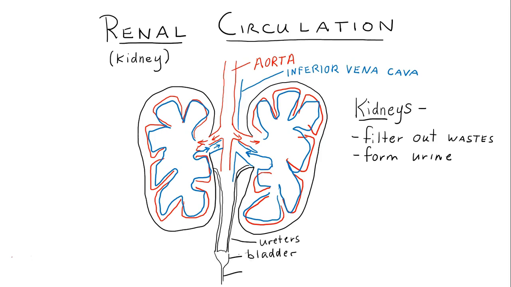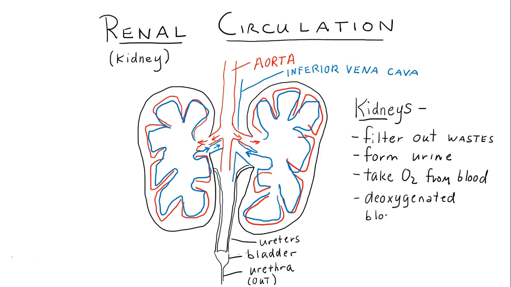The ureters carry the urine to the bladder where the urine is stored, and then the urine exits the body through the urethra. When the blood is going through the kidneys, they also take oxygen out of the blood, and the deoxygenated blood goes back to the inferior vena cava, as we mentioned.